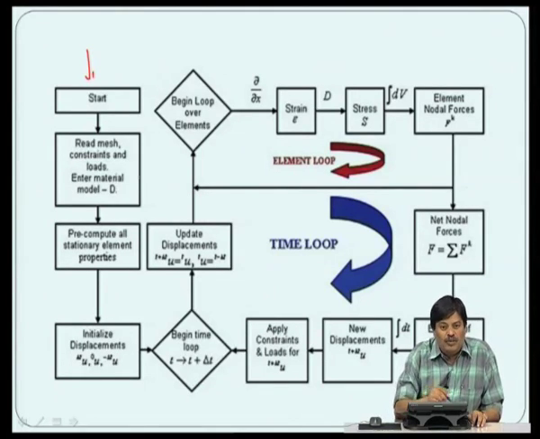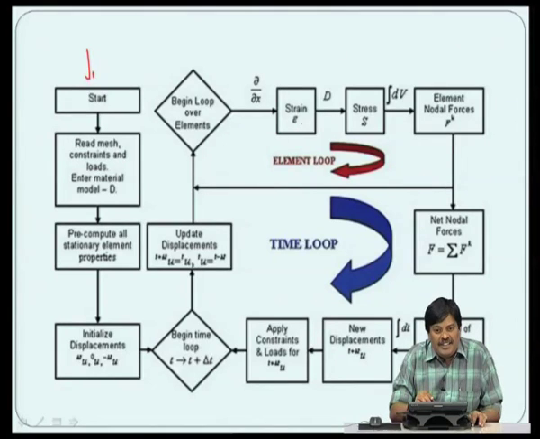So, we begin the do loop over the elements, we find the strain displacement matrix, we find the material matrix, and if it is a nonlinear problem, we have to update the stress, we do not go into that. Then we solve for the displacement, compute the element forces, and we do this for all the elements.